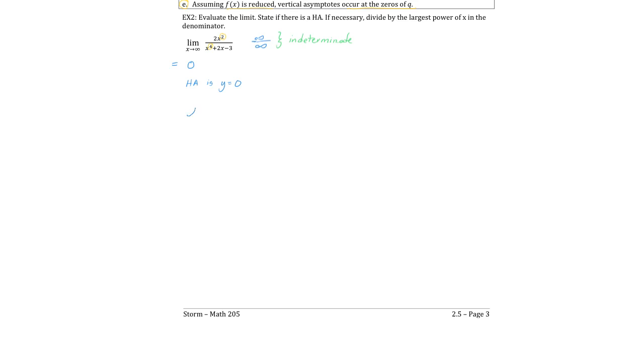So that something more is to create a fraction as we did before. And again, this is a strategy that we often use when we get the indeterminate form of infinity over infinity, or infinity minus infinity. We create fractions. So I'm going to divide all the terms top and bottom by x to the 4th.